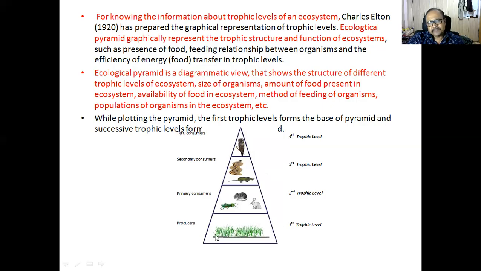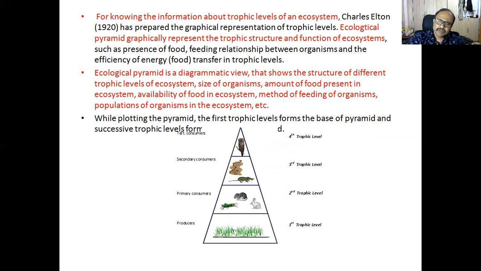It means there are many plants, or the quantity of plants is more. See, in the fourth trophic level, the box is very small. It shows that the organisms present in the fourth trophic level are less in number.